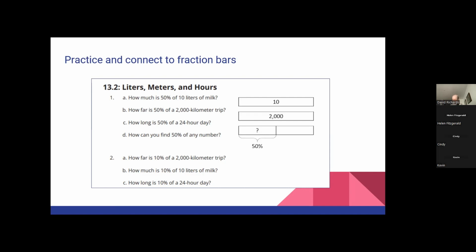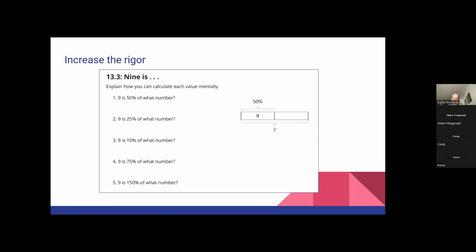It's a little bit of a different take on understanding what decimals and percentages are, but it helps students to visualize. And when you can draw a picture to help you understand what's going on, you are that much more ready to complete the activity. And pushing further to increase the rigor, 9 is 50% of what number?